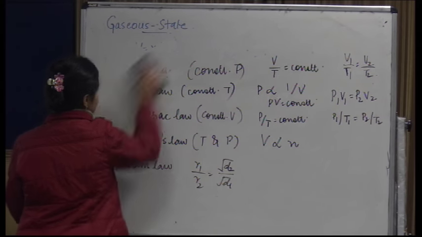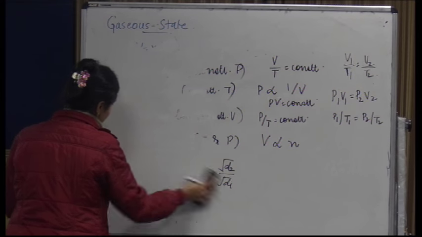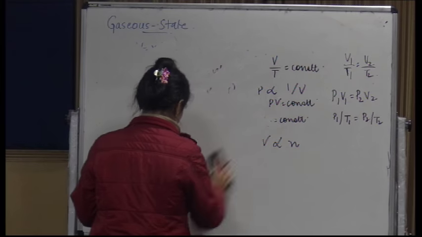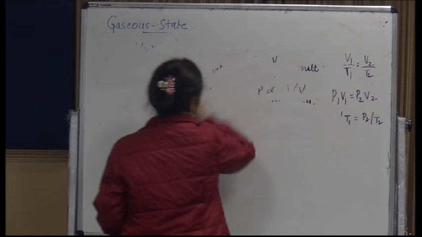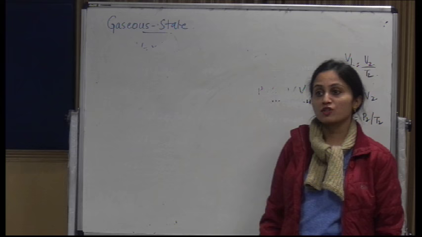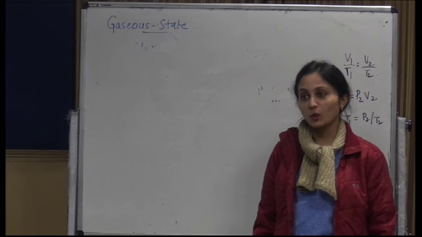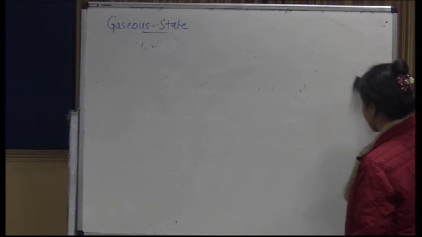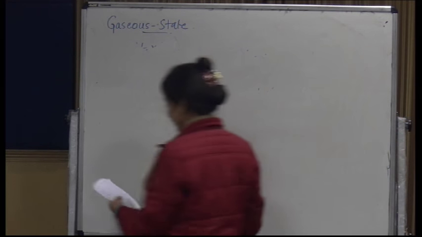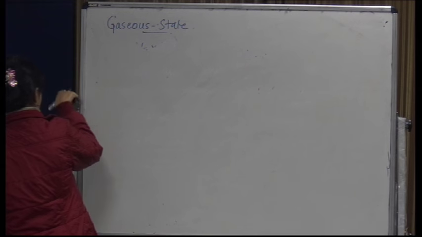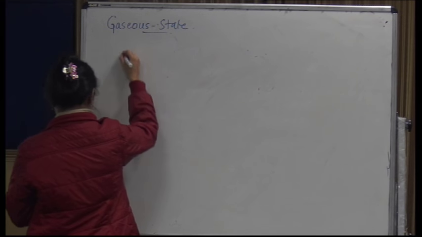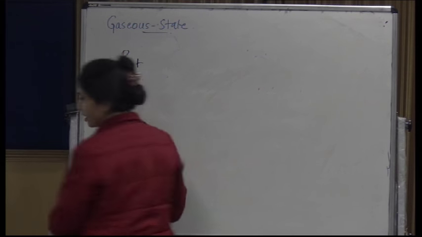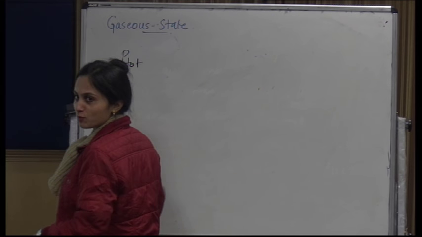Then we quickly discuss Dalton's law of partial pressure. It states that the total pressure exerted by a mixture of non-reactive gases is equal to the sum of the partial pressures of the individual gases.